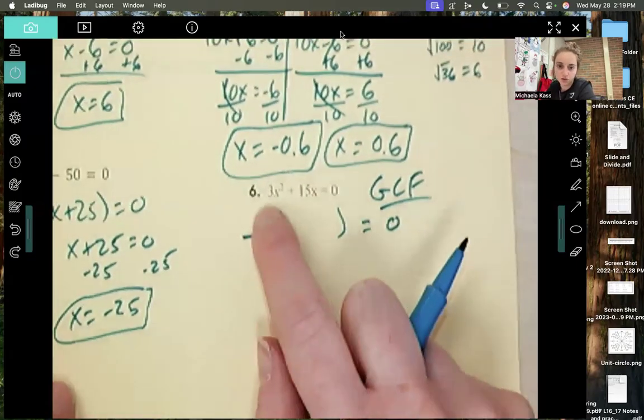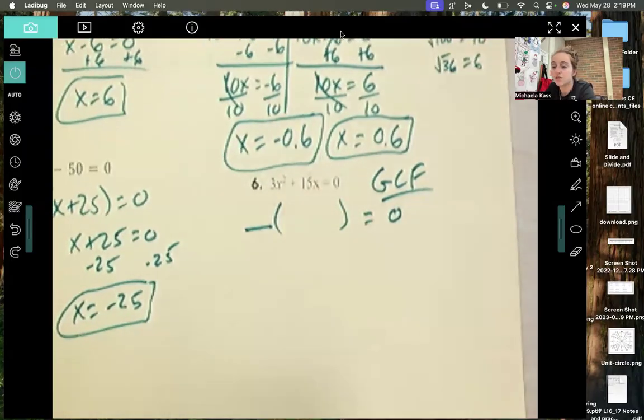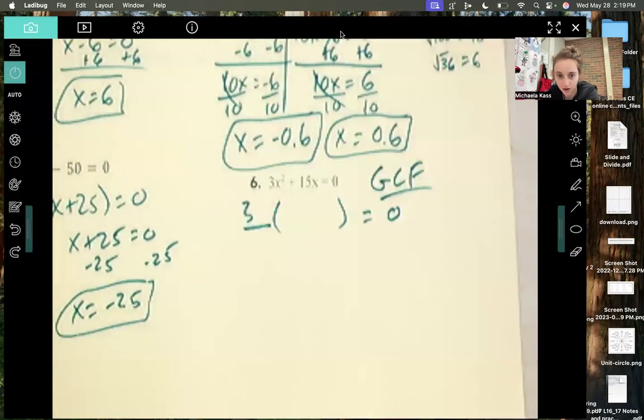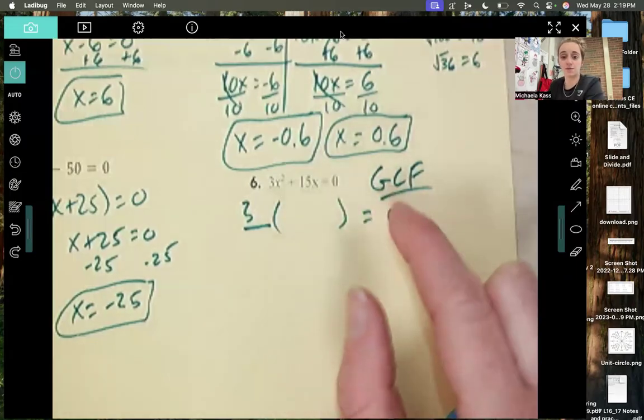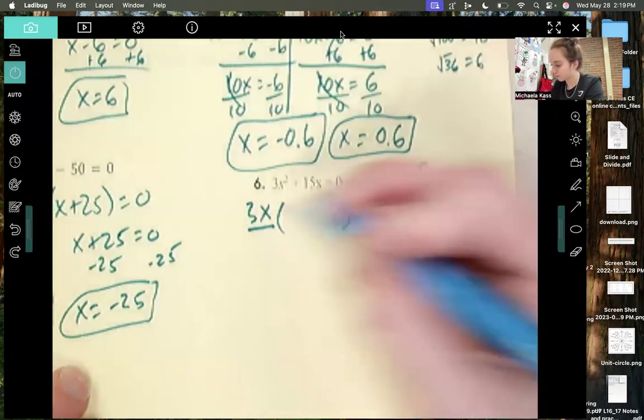So we have the terms 3x squared plus 15x. What number goes into 3 and 15? 3, right? You can take a 3 out of a 3 and you can take a 3 out of 15. Now, notice they both have an x. So I'm going to put x on the line.